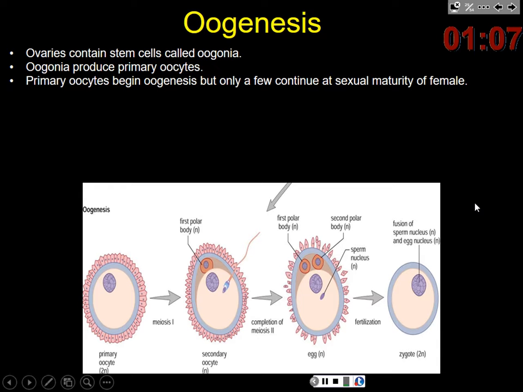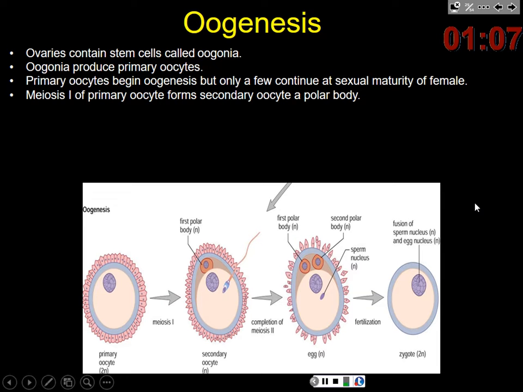The primary oocyte is going to undergo meiosis I and form a secondary oocyte and something called a polar body.